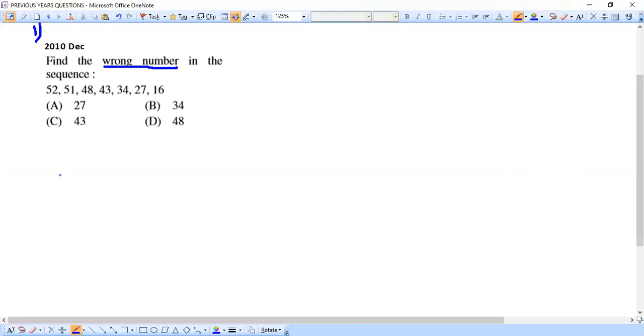So the numbers we have are 52, I will write them one by one, then 51, so I will have enough space to make the calculations, then 48, then 43, next number 34, next 27, and next 16. That's it.